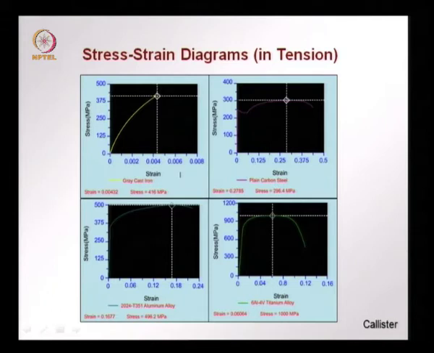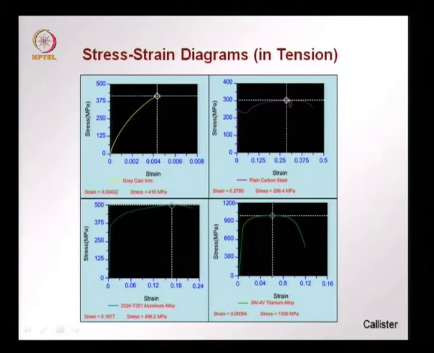On the other hand, when we look at plain carbon steel on the top right, we see a curve where you have a sharp increase, that is the linear elastic part, the stress increases with strain, and then we have a flat part which is denoting the yielding, and then we have strain hardening with an increase of stress as strain increases.